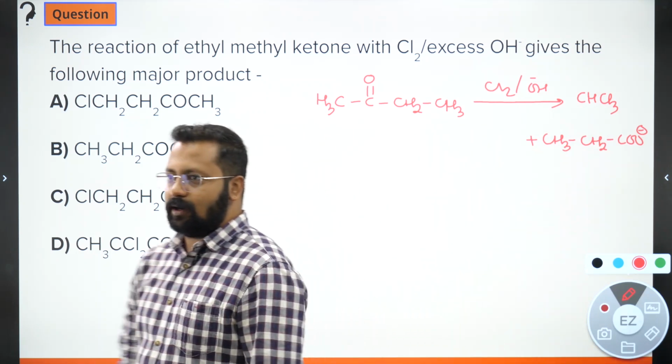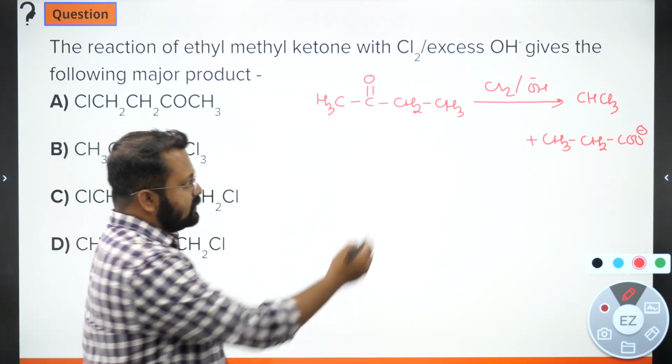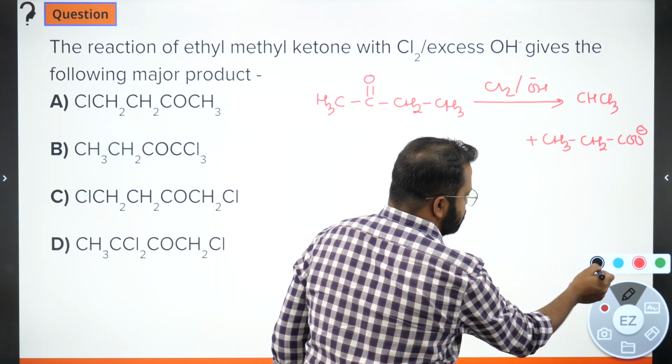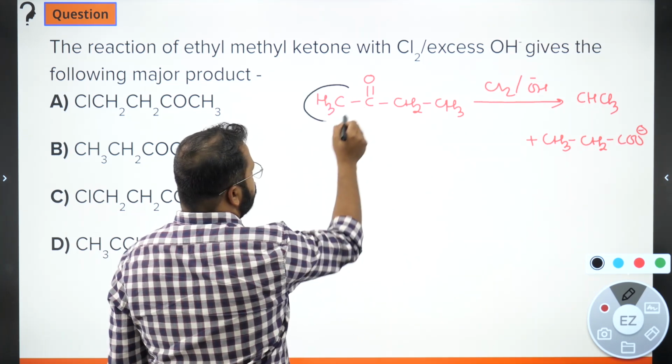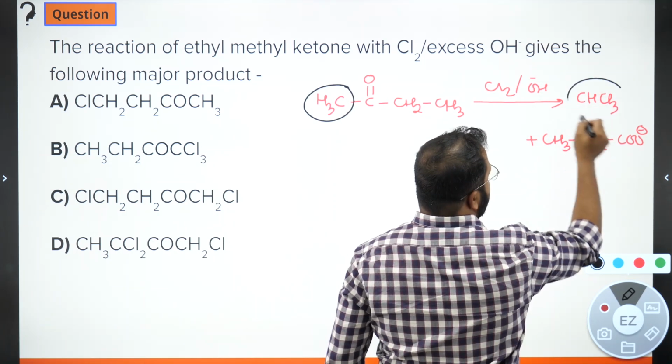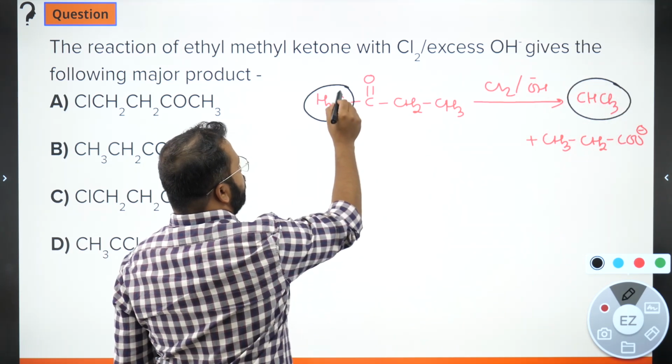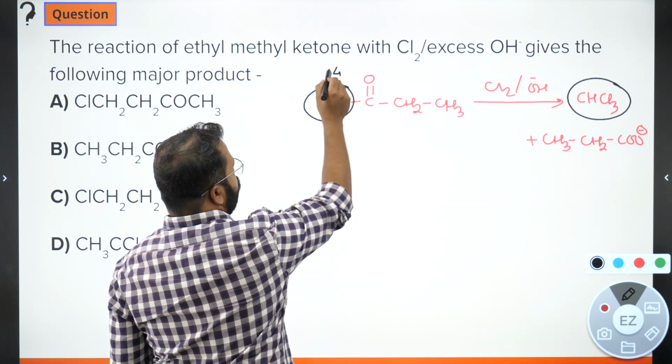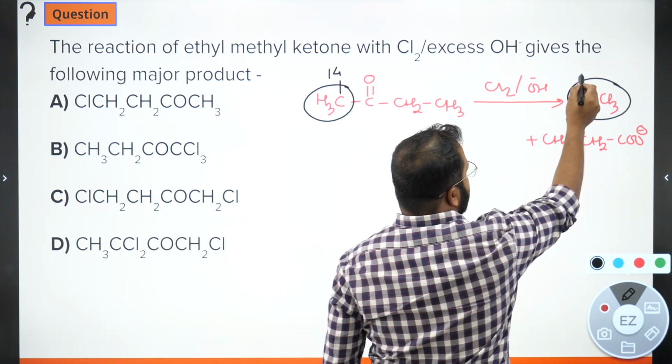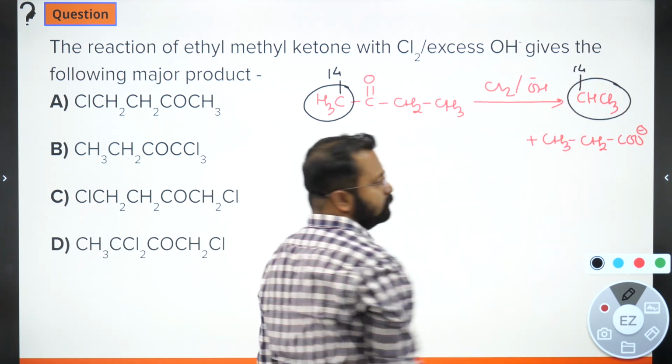We will get this as a product. Okay, so you can see that this carbon atom is converted into this. If I change this to C14, this carbon will be C14.